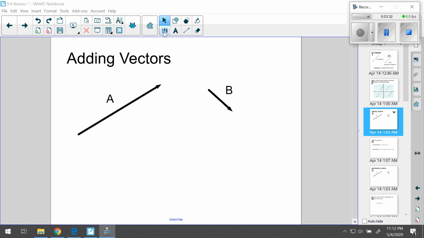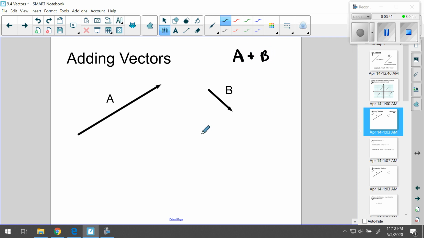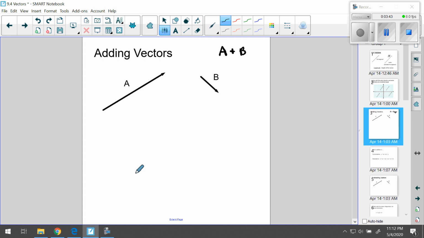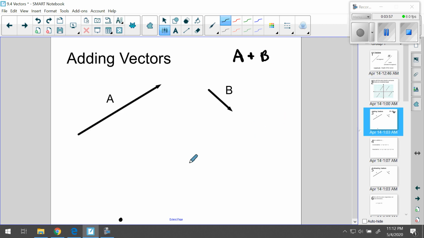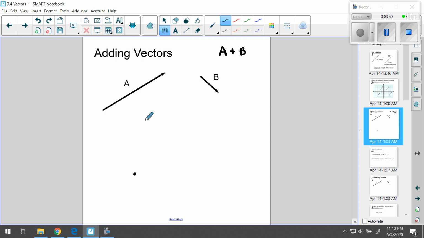If I were going to do something like a plus b, what that means is you pick a starting point, and the starting point does not matter. If we were using a coordinate plane, it could be the origin or any other place, just like in this picture, see how the starting point is in a different place for each one of these vectors. So the starting point really isn't important as far as finding the sum.